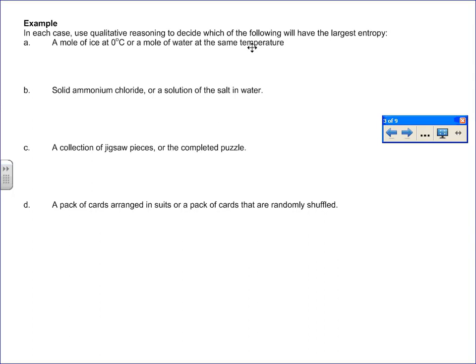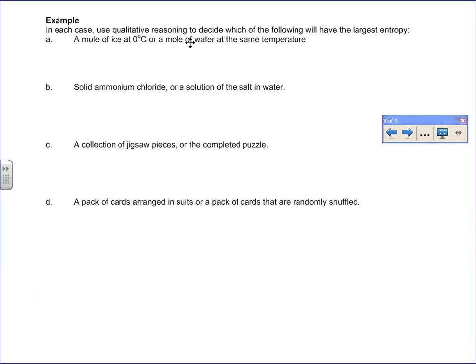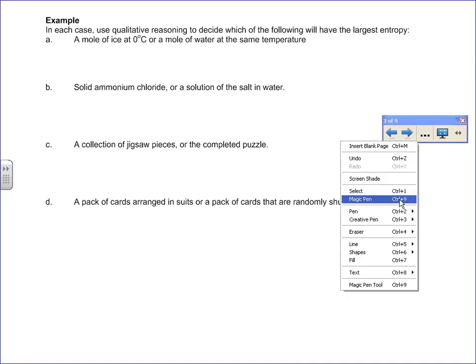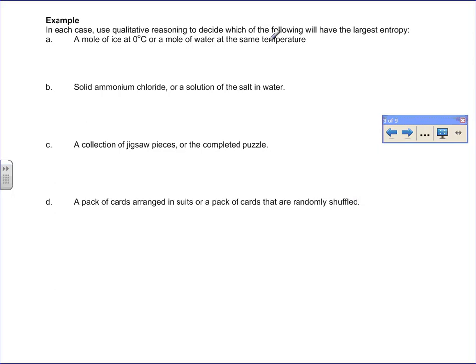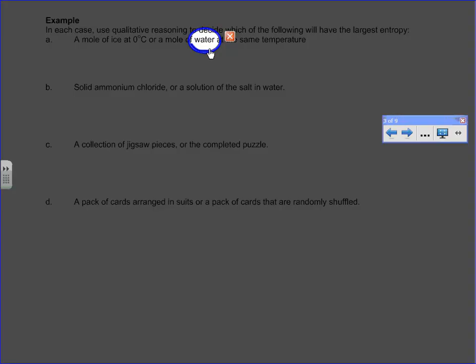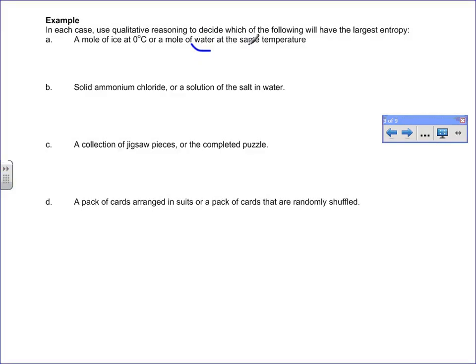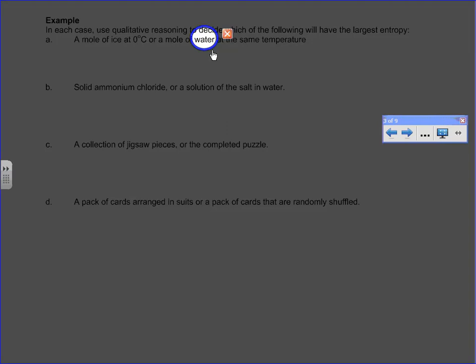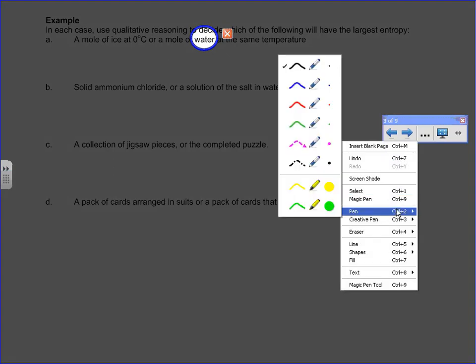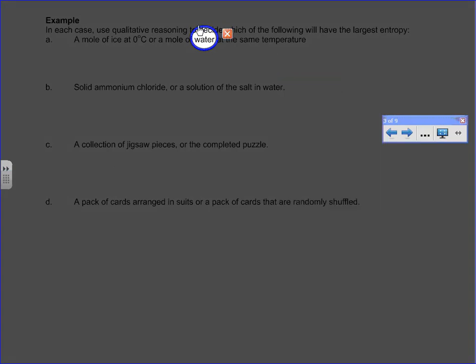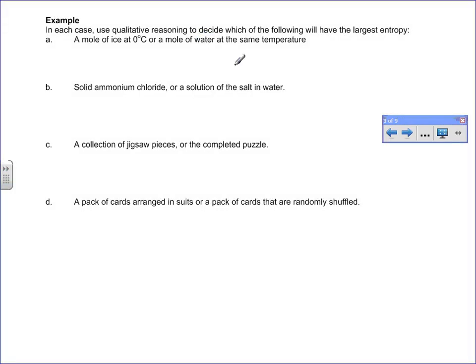In this case, the one with the largest entropy is going to be the water, because there is much more randomness in a liquid system compared to a solid.